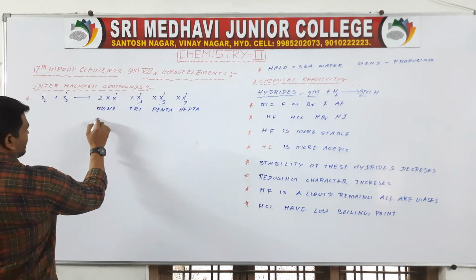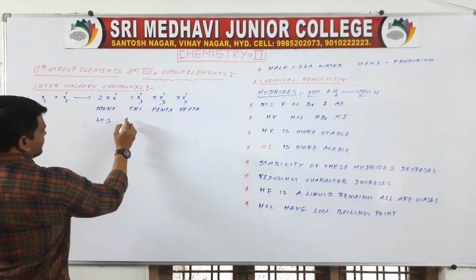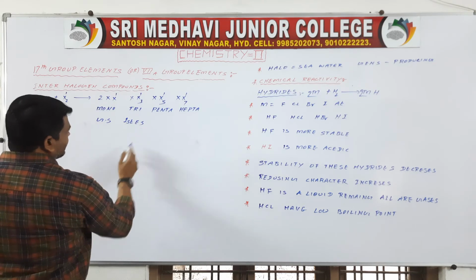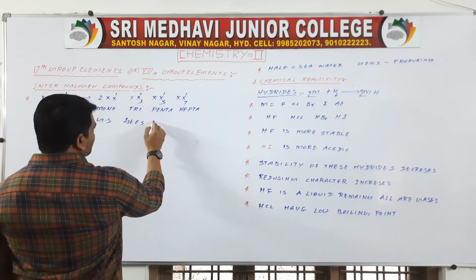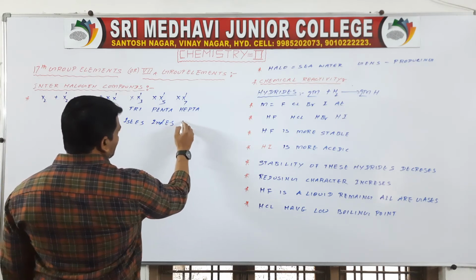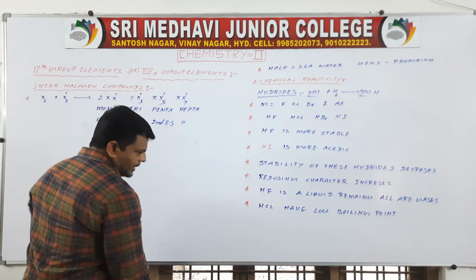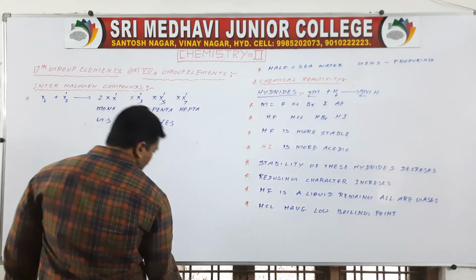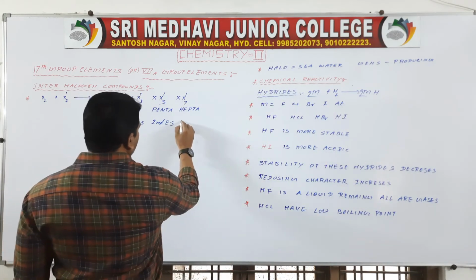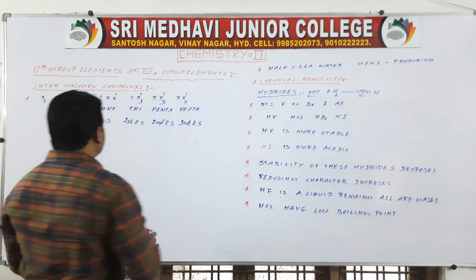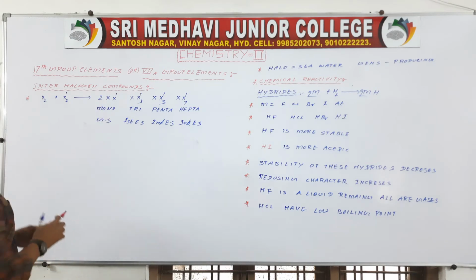The mono is formed in ground state, the tri in first excited state, the penta in second excited state, and the hepta in third excited state.